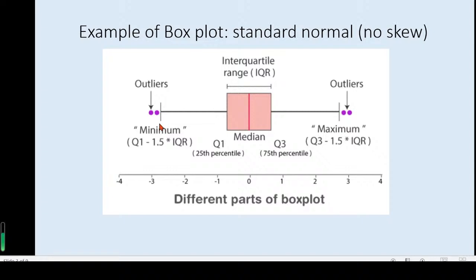So about 25% of the data is distributed in this range, and 25% also distributed from the first quartile to the median, and the same for this area and for this range. And these are outliers.